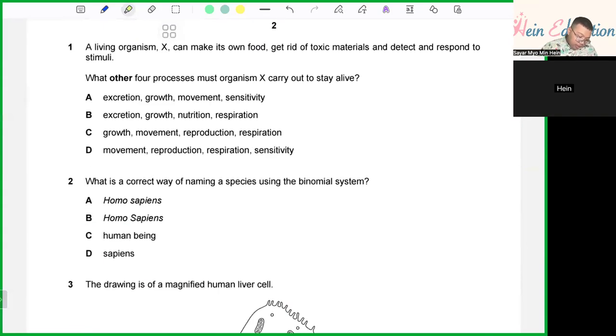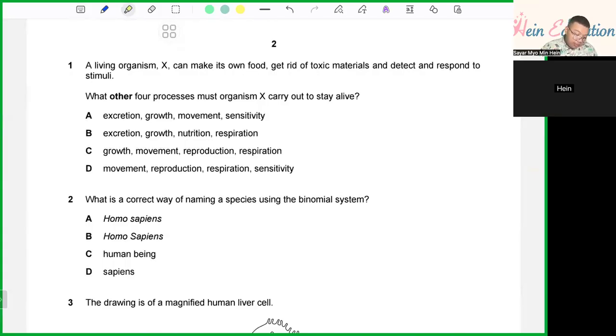Starting off with question number one: a living organism can make its own food, get rid of toxic material, detect and respond, right? Making its own food means nutrition, so it is N. Getting rid of toxic material means E, and detect is S. So from MRSGREN, we already got N, E, and S. What are the four processes?